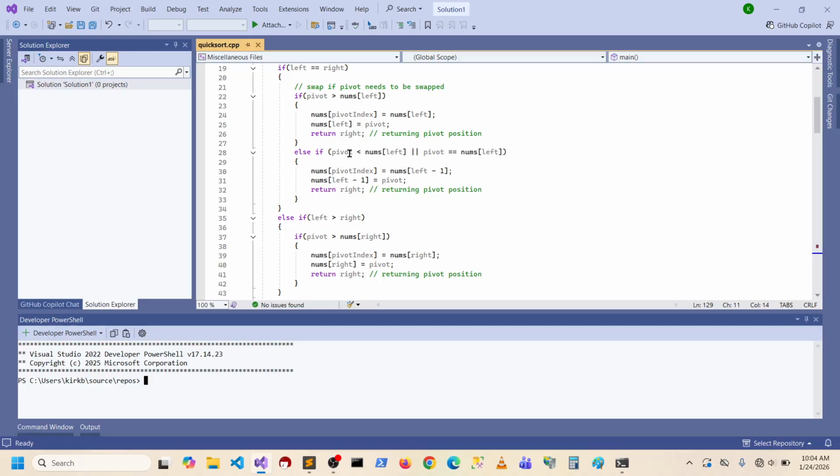So the pivot is just beside the left. Oh. We can't just get rid of left minus 1 in that situation. See, this is when left equals right.